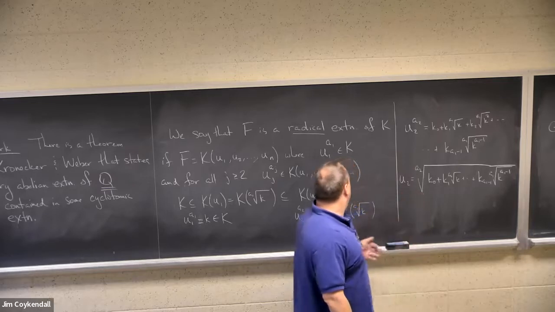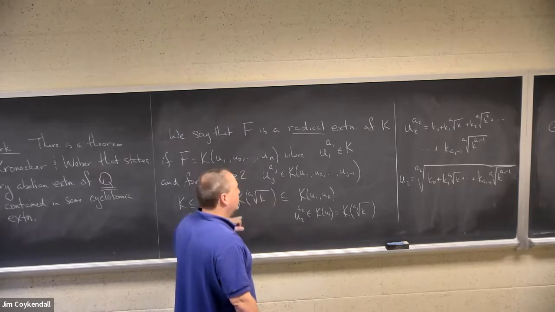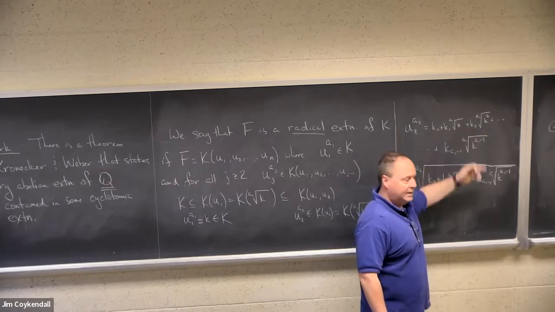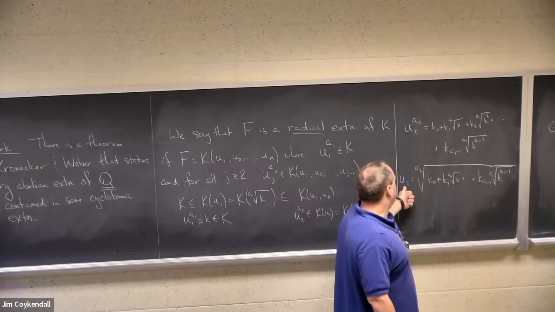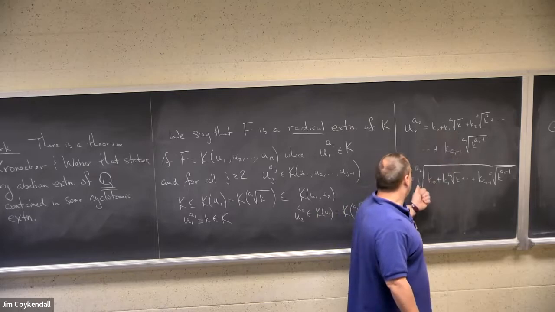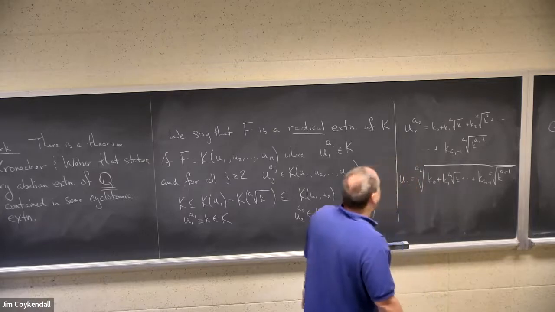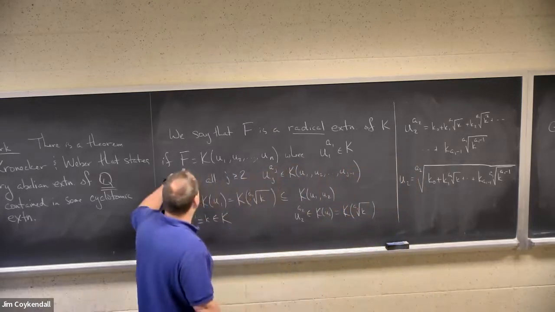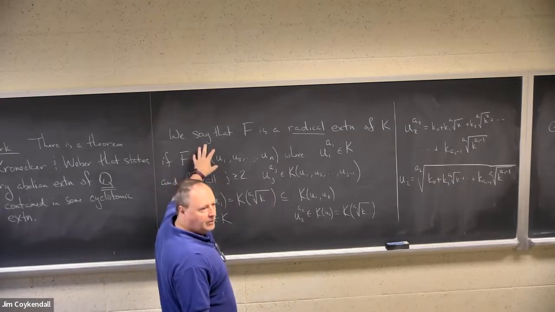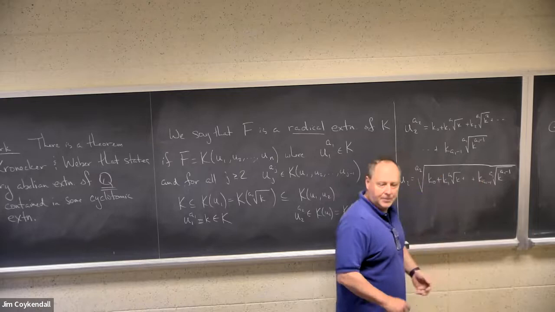Notice everything in the first field K(u1) is a linear combination of elements of K and powers of u1 roots. Everything in the second extension can be written as a linear combination of stuff in K(u1), which are these kinds of roots, times powers of this, which are roots as well. So the reason it's called a radical extension is basically everything in F can be written as a linear combination of roots of elements in the original field. And you may have to compose, you might have to take a root of a root kind of thing.